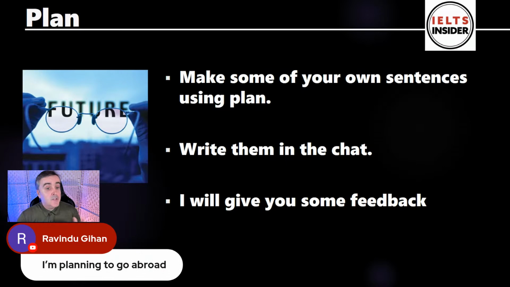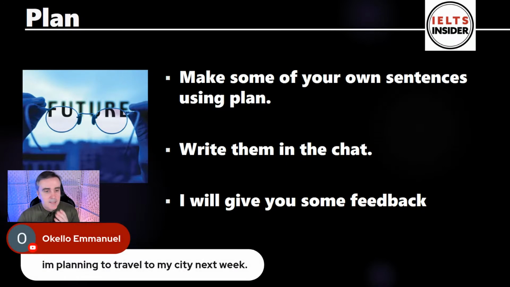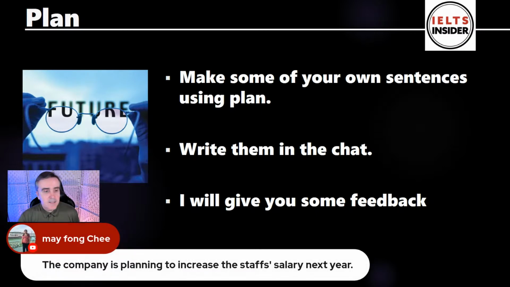Ravindu, I'm planning to go abroad. Perfect sentence. Emmanuel, I'm planning to travel to my city next week. Perfect sentence. The company is planning to increase the staff salary next year. Excellent, May. So that's very good news as well, isn't it? So this is something that they're thinking about and they're working on just now.